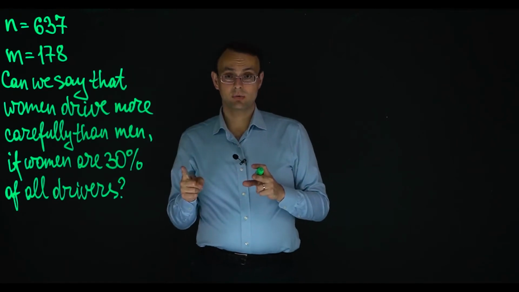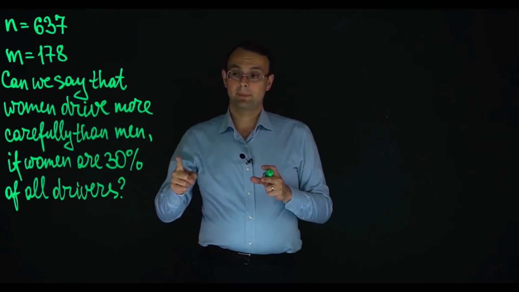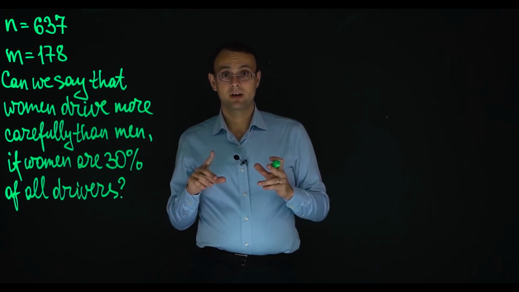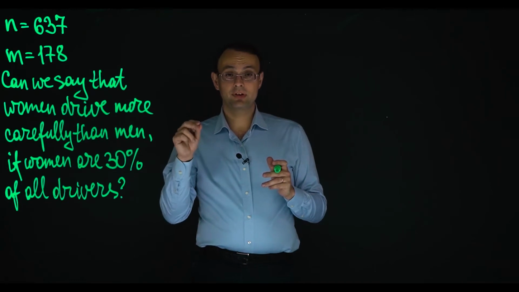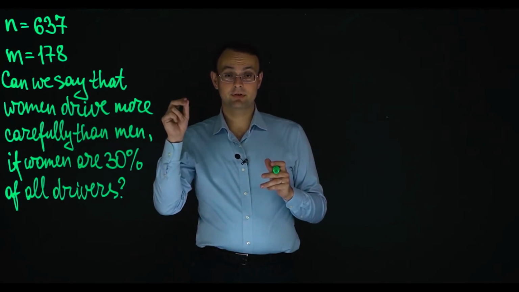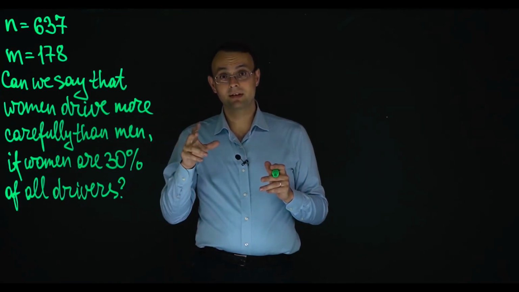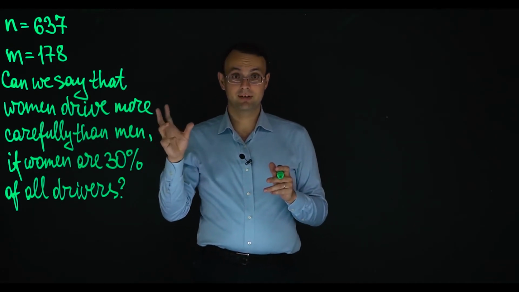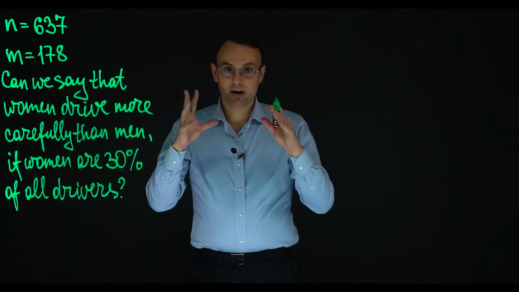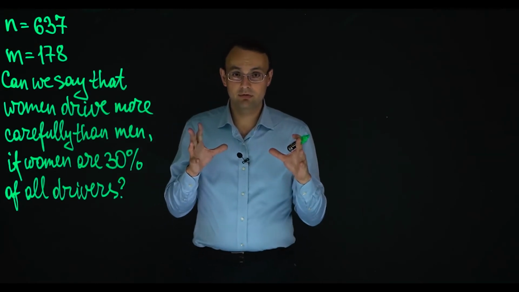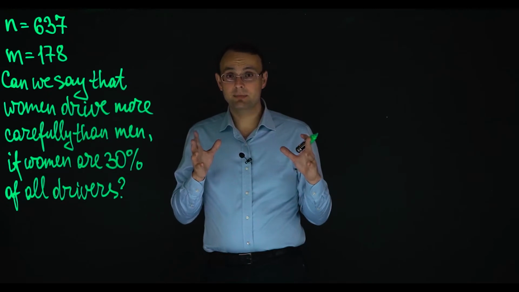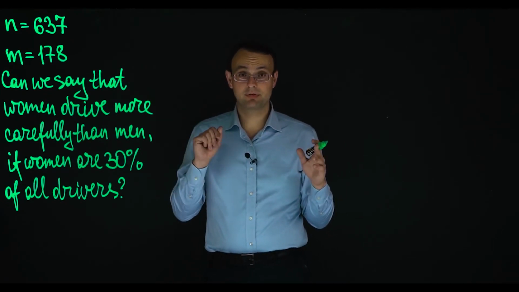We know that 30% of all drivers are women. So if less than 30% of those drivers who cause traffic accidents are women, this would mean that women drive more carefully, more accurately. And what is this share of women among the drivers who cause traffic accidents? This is the same as the probability of success in our series of trials.